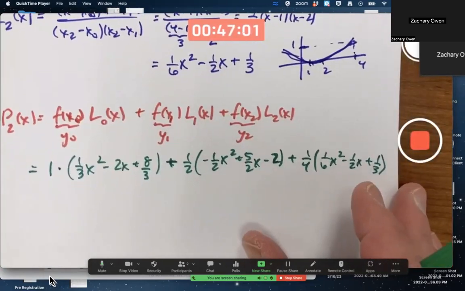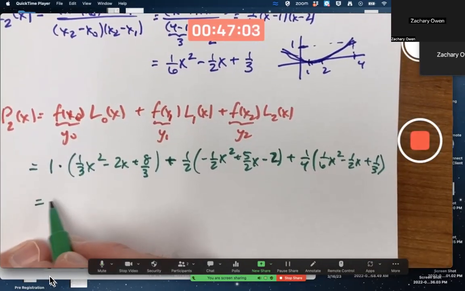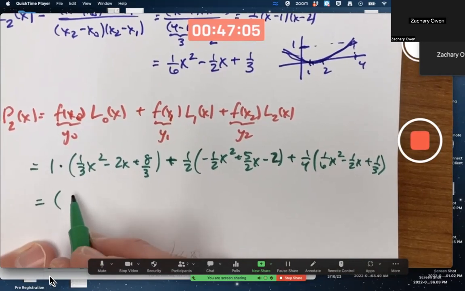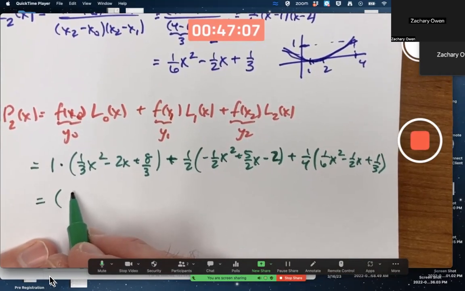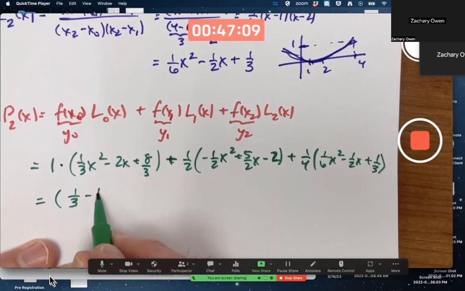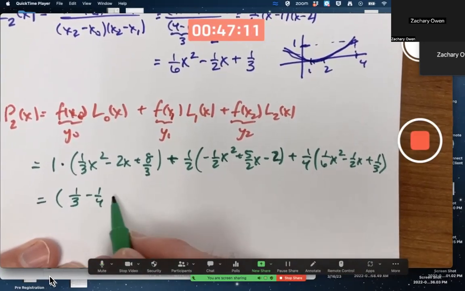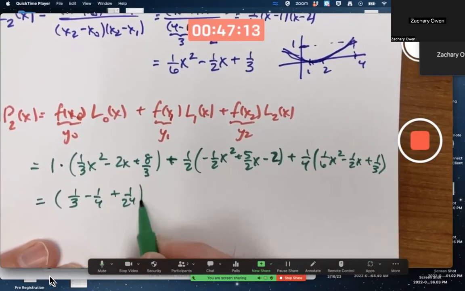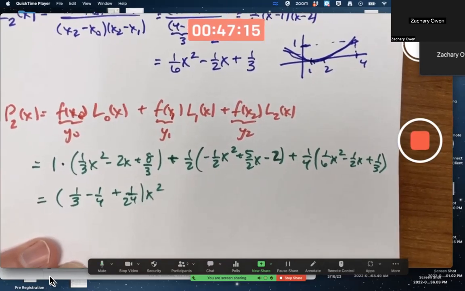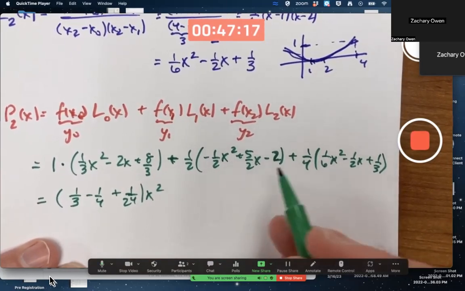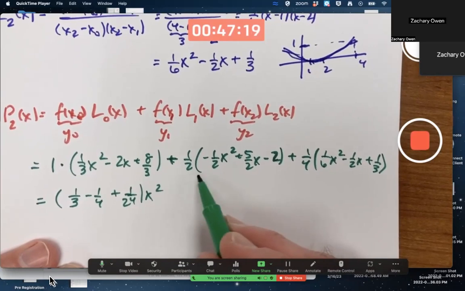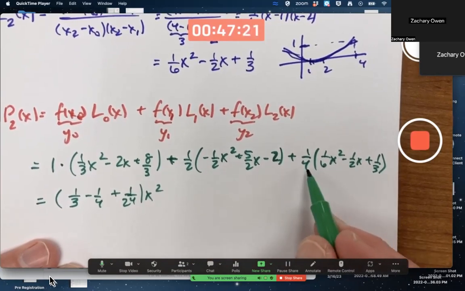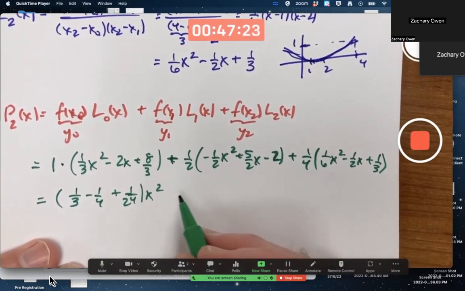Now expand and simplify. The x squared term is going to have a coefficient of 1/3 minus 1/4 plus 1/24. Fun to do this with fractions. Negative 1/4 right there. 1/4 times 1/6 is 1/24.